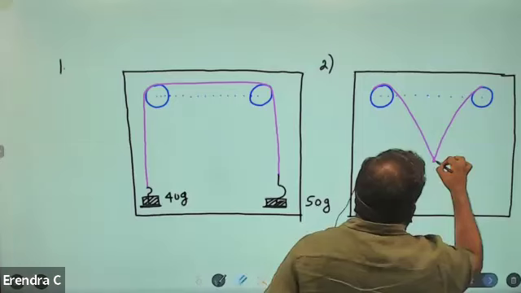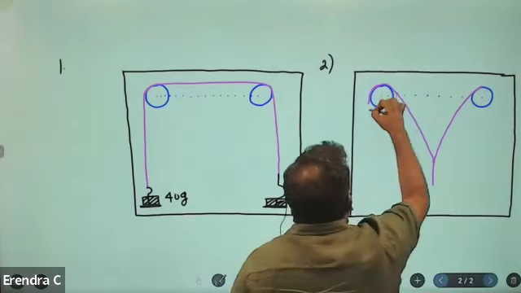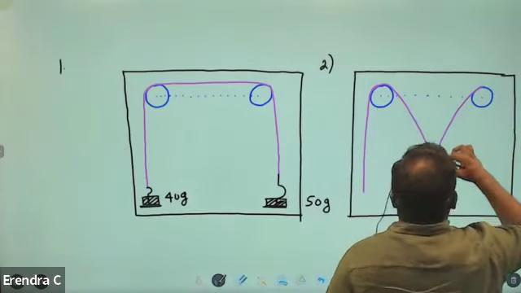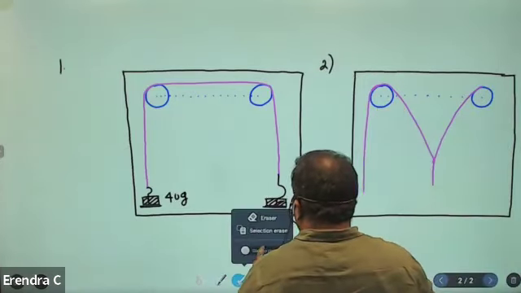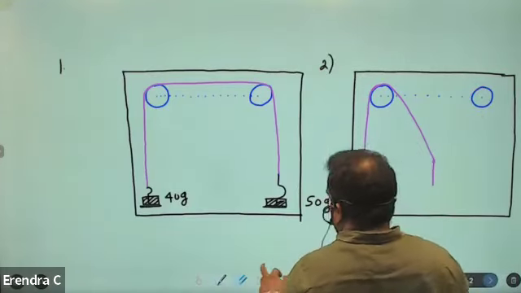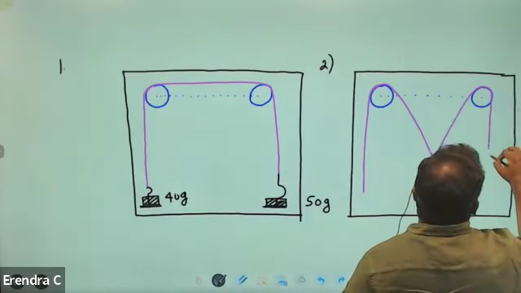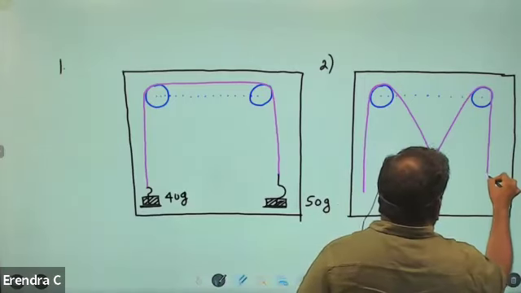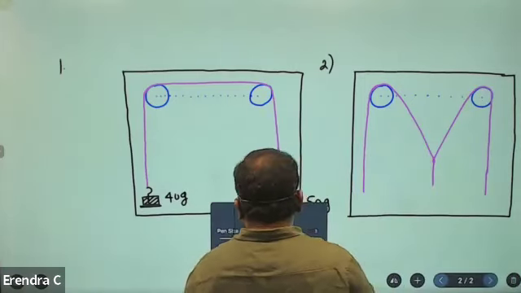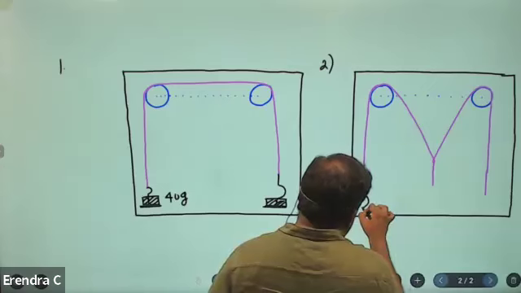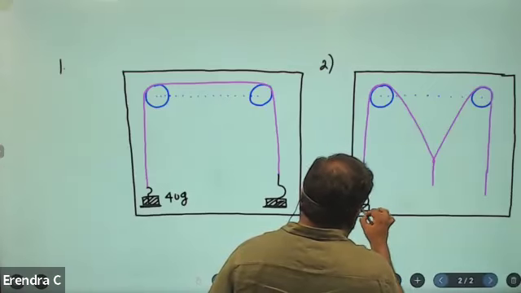The string will come like this. Strings are vertical, don't forget. And that is connected to your known weights.